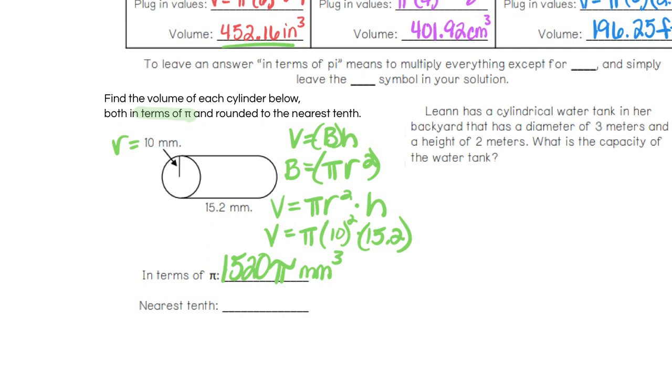Now, the next step to that is to take it and multiply that times pi. Now, there is a pi button on your Desmos. If you do the little keyboard at the bottom, pop that up and then use the pi symbol. If I pull all of that together, this would be 4,775.2, rounding to the nearest tenth, millimeters cubed.